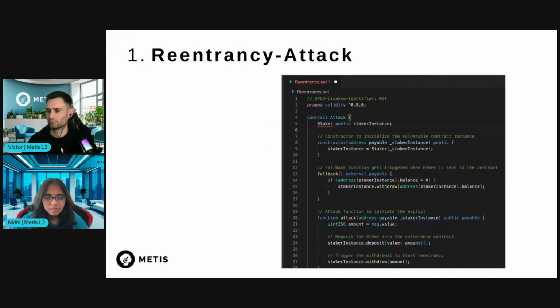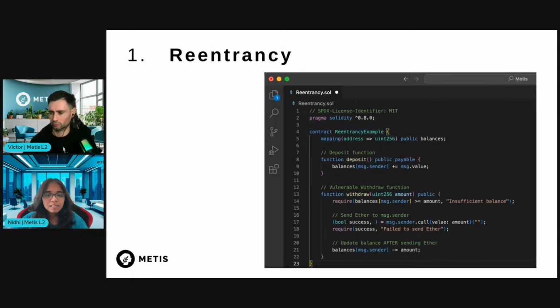We can see in the attacker function that it's calling the vulnerable contract, and in the fallback function it's calling the withdraw function until it's drained the funds, because in the previous slide we can see that the balance is not getting updated before sending the ether. So this is the common vulnerability that we can see.